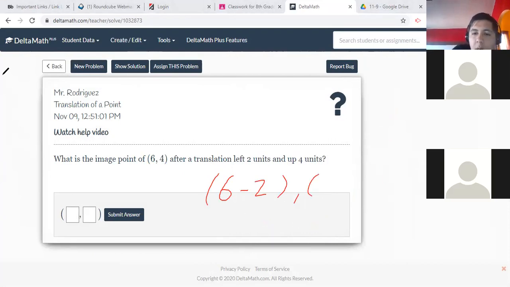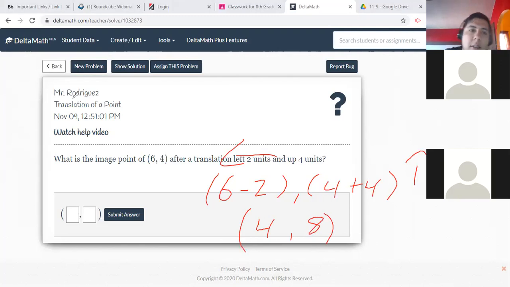And then to our Y, what are we going to do? Add 4. Right. Since we're going up, that means we're going to add. Since we're going to the left, we're going to subtract. So here, 6 minus 2, that's 4. And 4 plus 4 is 8. So that should be the answer, 4 and 8.